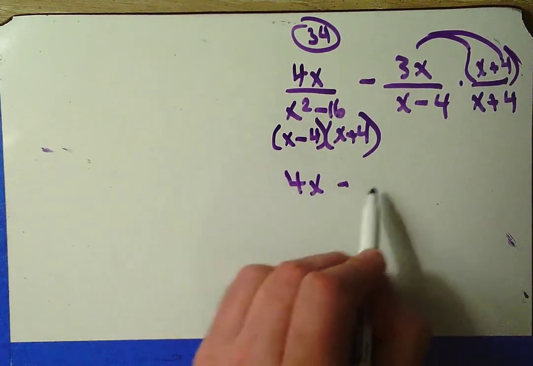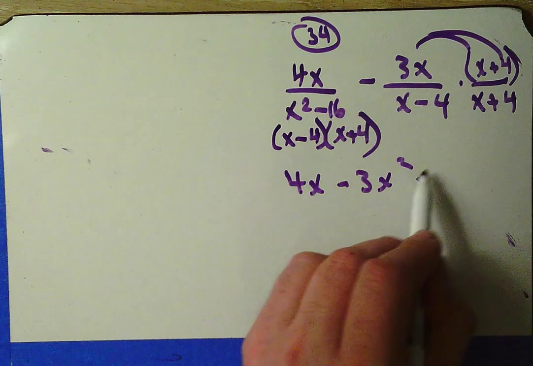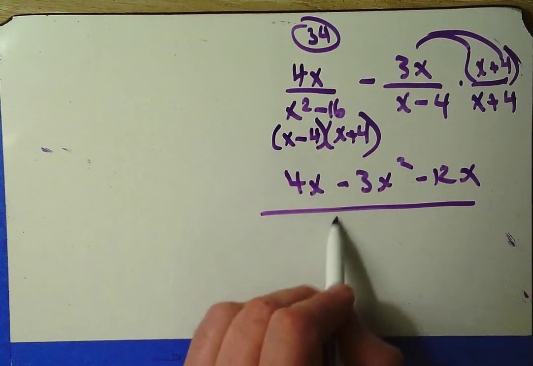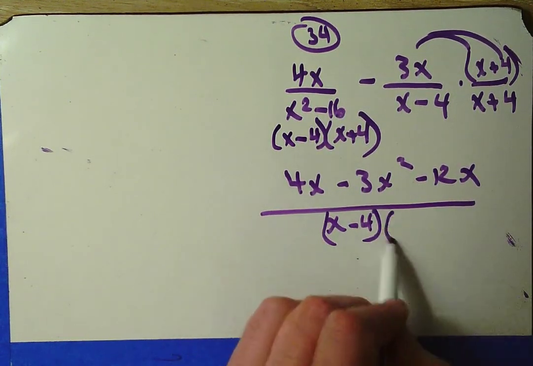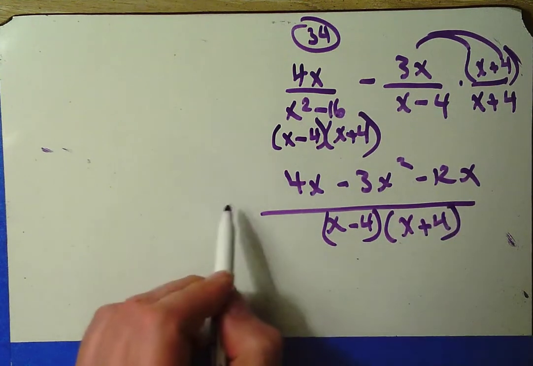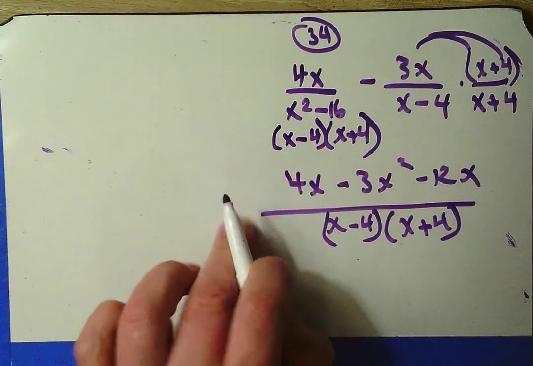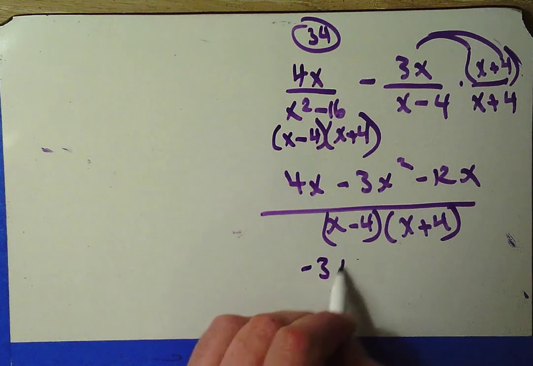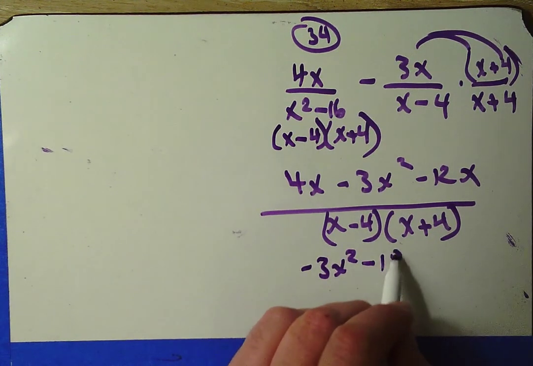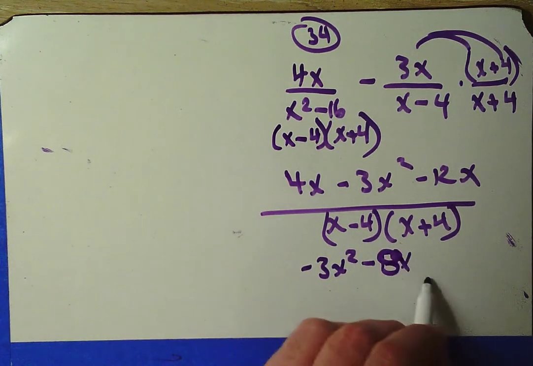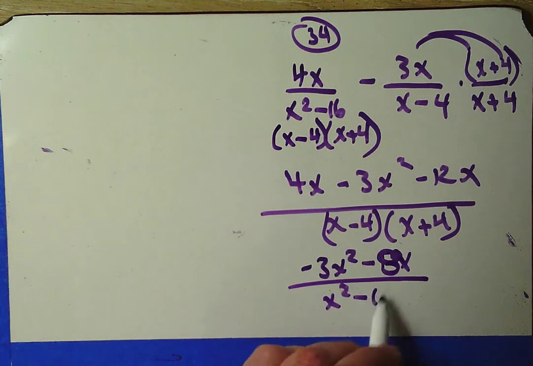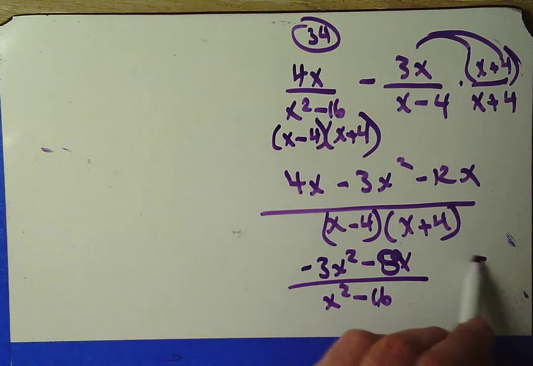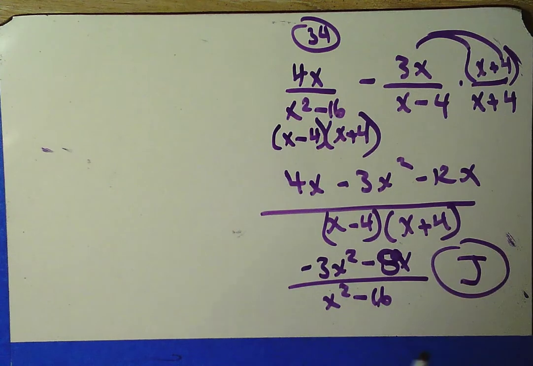So I'll have 4x minus 3x squared minus 12x over x minus 4, x plus 4. Or, if I tidy that up further, I'll have negative 3x squared minus 8x over x squared minus 16. And that corresponds to choice J.